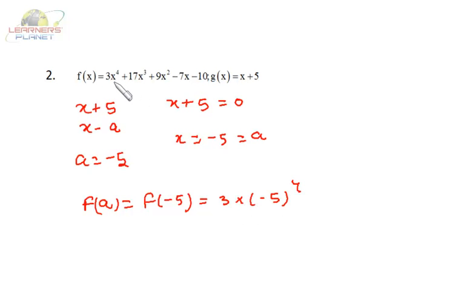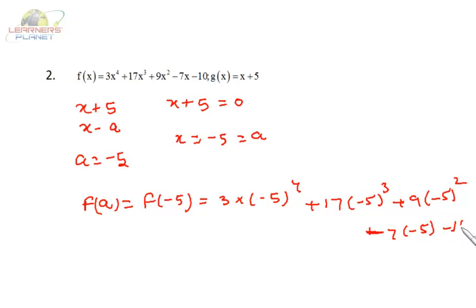I just put the value of x as minus 5. Then plus 17 (-5)^3 plus 9 into (-5)^2 plus (-7) into (-5) and then minus 10.